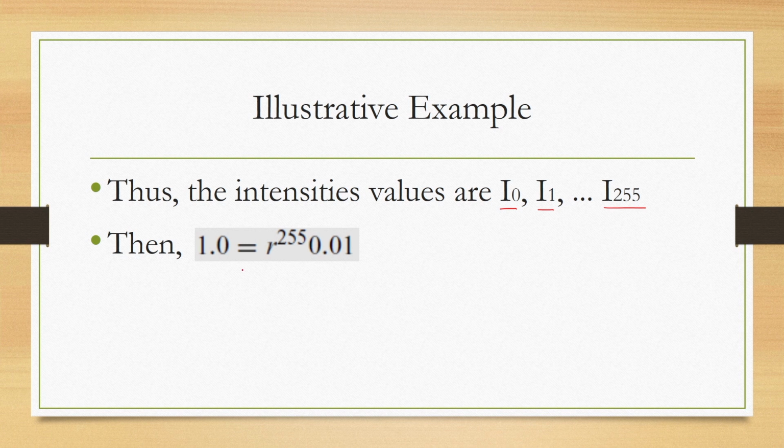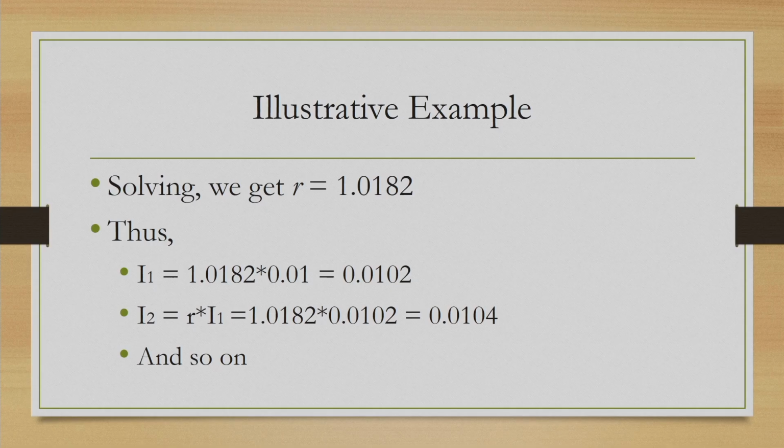Now, we can set up this equation based on the relationship, that is IN equal to R to the power n I0. Now, here we are replacing the values of IN, I0 and n to get this equation, and we solve this equation to get the value of R. So, solving this we get R equal to 1.0182, and using this value we get other intensity values in this way.